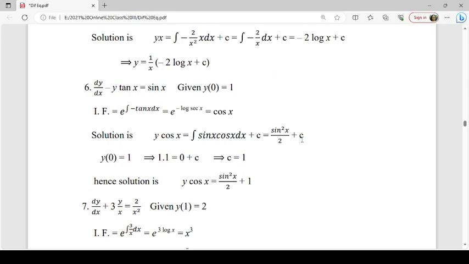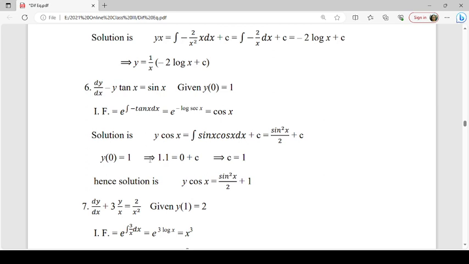Now we are given this condition, y(0) is equal to 1. Now put x equal to 0. y(0) means y is a function of x, and we can put x equal to 0. If we put x equal to 0, then y is equal to 1, so we have to put x equal to 0 and y equal to 1.